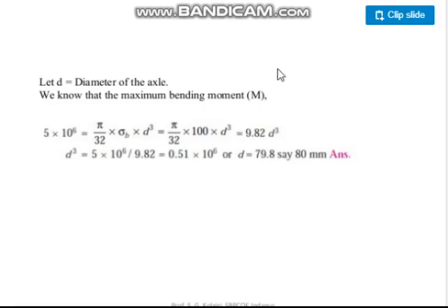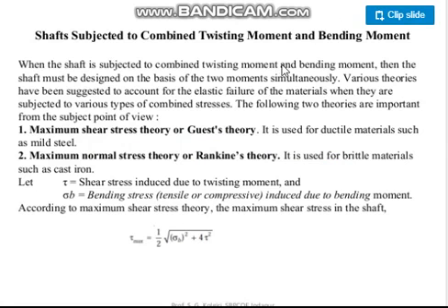Now we have solved this problem considering only the bending moment. But shafts normally, what you see in practice, are subjected to combined twisting moment and bending moment. So when a shaft is subjected to combined twisting and bending moment, then the shaft must be designed on the basis of the two moments simultaneously.